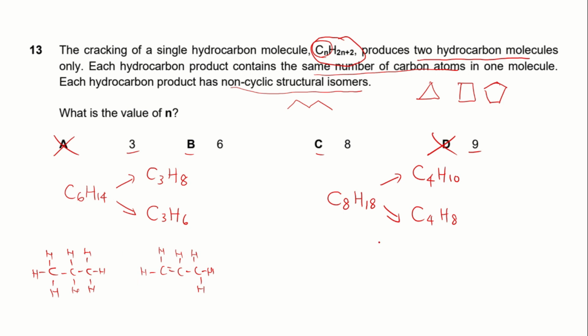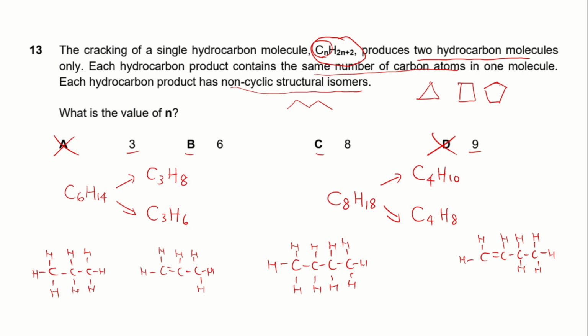We move on to these two 4 carbon atoms, alkane and alkene. These are their structures. Can they have structural isomer? The answer is yes.